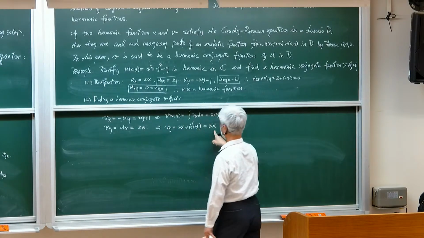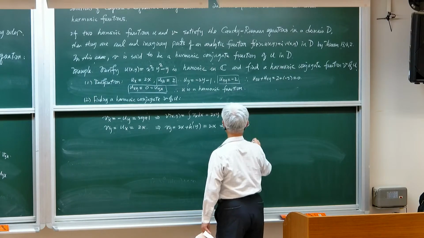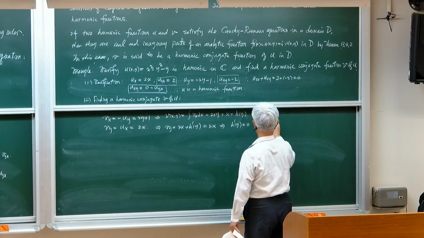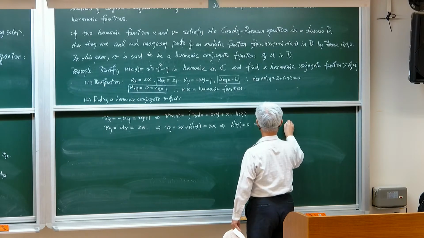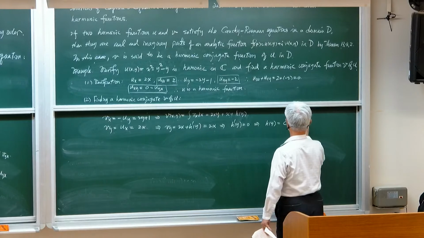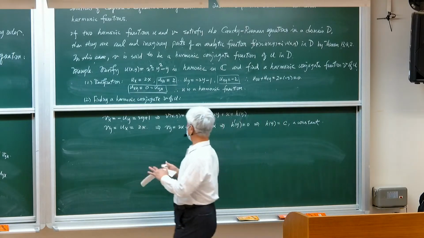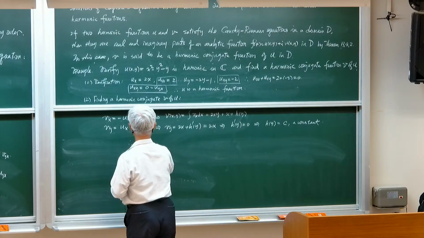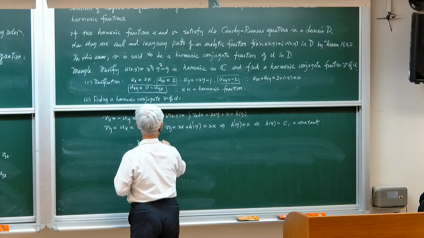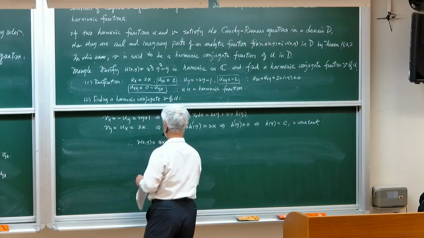So this implies h prime y is 0, which implies that h(y) is a constant c. Now we know V(x,y) is 2xy plus x plus a constant.